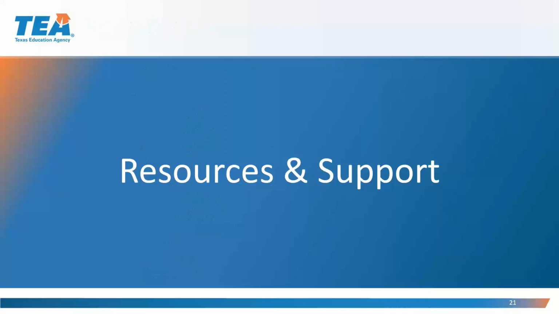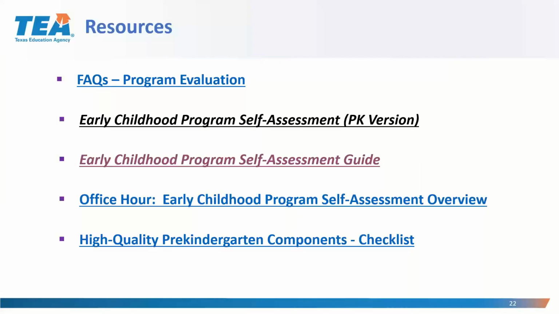Let's look now at some resources and support that may assist you in complying with the high-quality component of program evaluation. I've given you the links to the frequently asked questions that are specific to program evaluation. There is the link again to the Early Childhood Program Self-Assessment document, the pre-K version, and the Early Childhood Program Self-Assessment Guide.